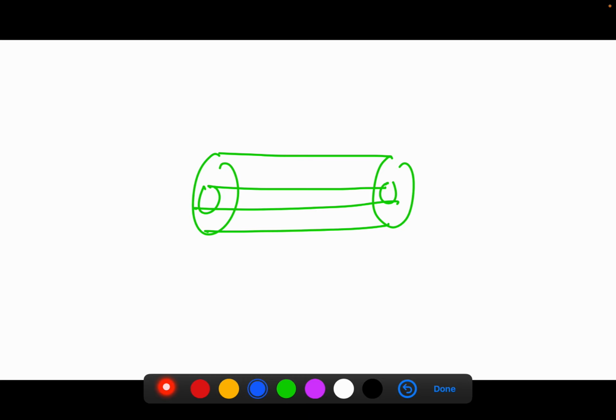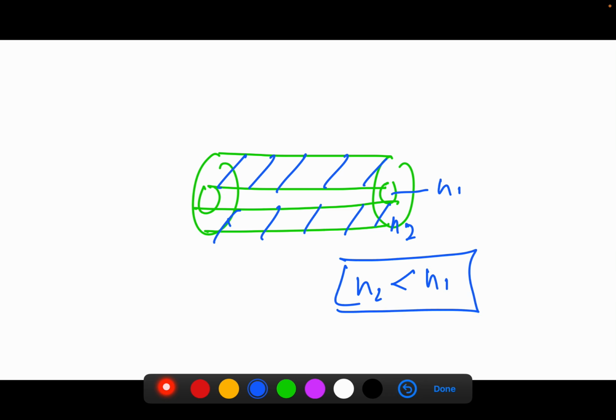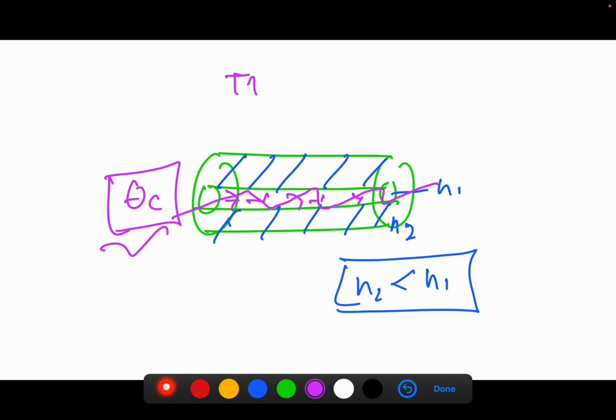So this is your clad, which I'm calling n2, and this is my n1. n2 is always lower than n1, and only then will light remain inside this fiber. It will get totally internally reflected, and obviously it has to fall within that critical angle, then only it will get internally reflected. This is the basic principle of total internal reflection.